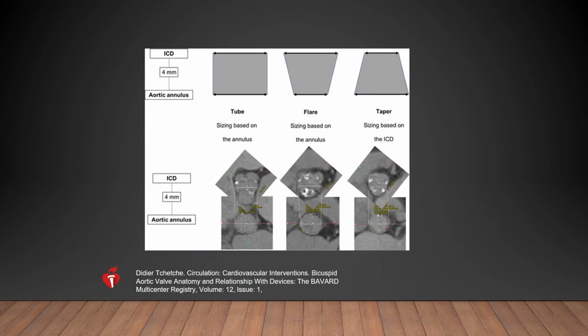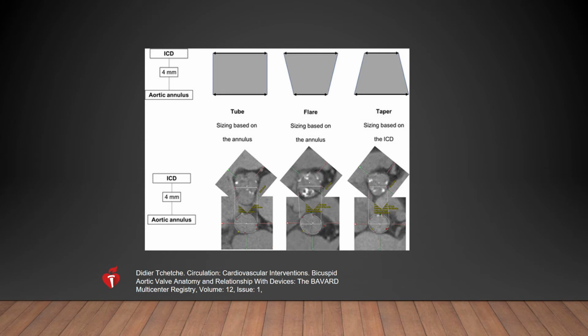So if you look at the aortic annulus and something called ICD, or intercommissural distance, which is the distance from one commissure to the other, as you can see in the picture here, it depends on the shape of the bicuspid valve, where the aortic annulus is and where the intercommissural dimension is.